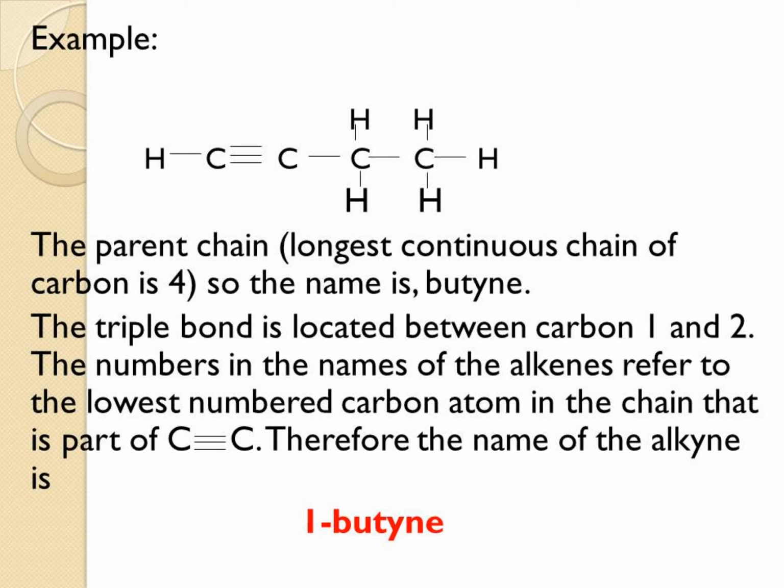The triple bond is located between carbon 1 and carbon 2, and the lowest number is carbon 1. So the lowest number, the carbon atom in the chain that's part of the carbon triple bond to carbon, is carbon 1. Therefore, the name of this alkyne is 1-butyne.